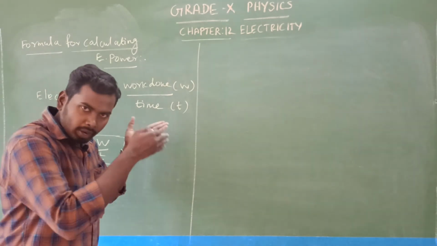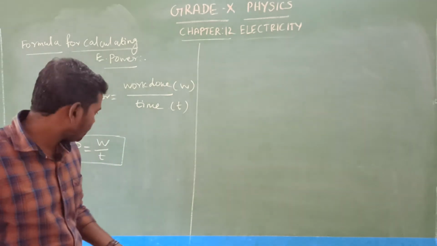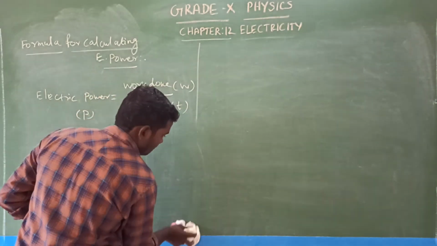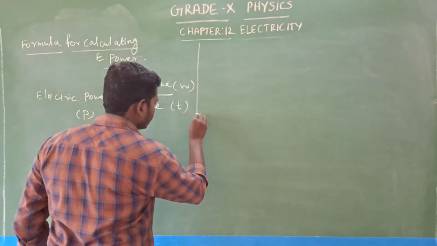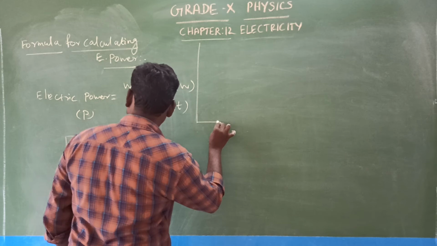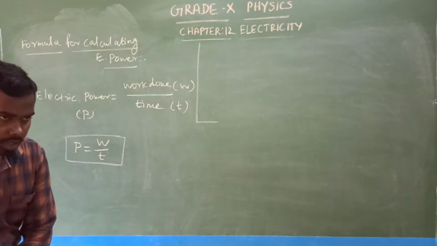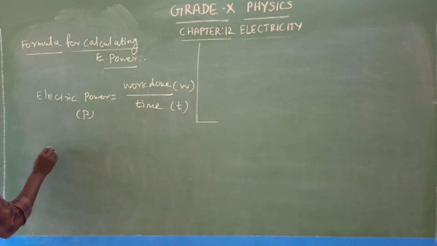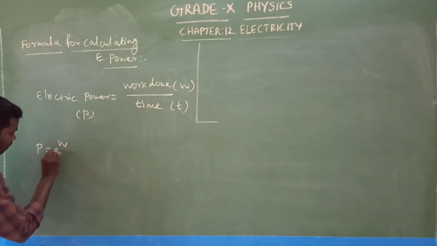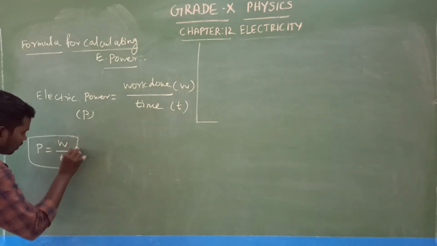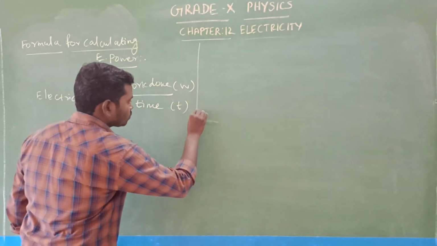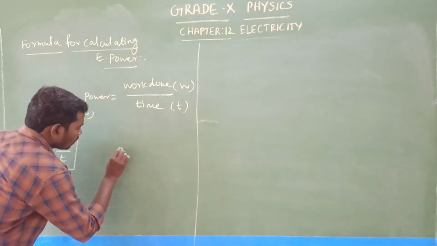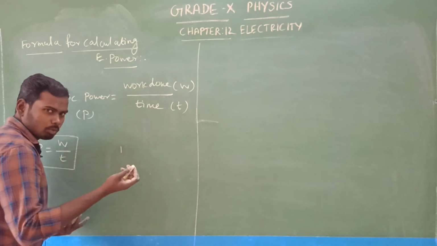Now you apply that formula here. So we can write P is equal to W by T. Already we know this potential difference or electric potential, both have the same meaning.